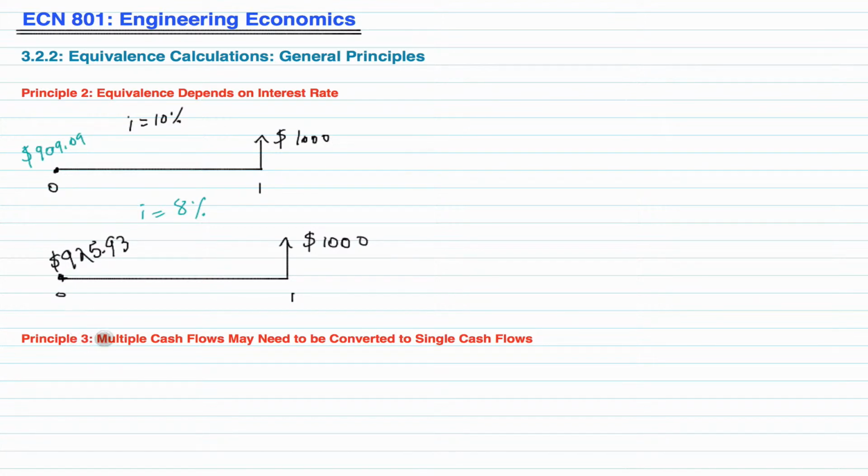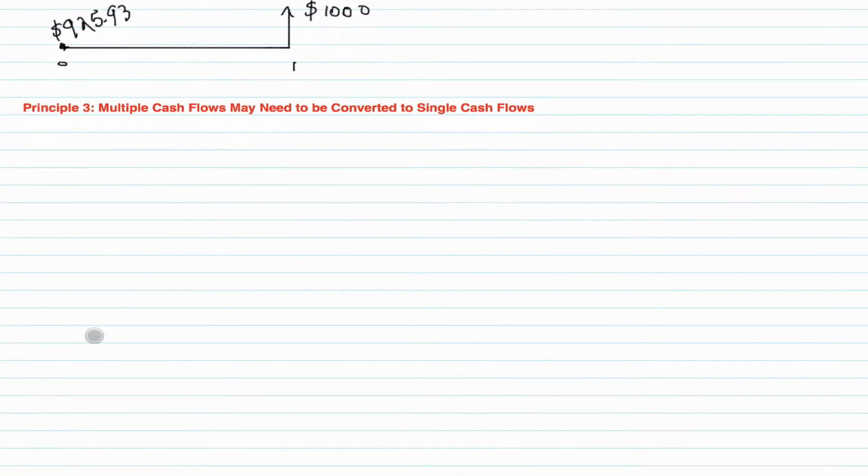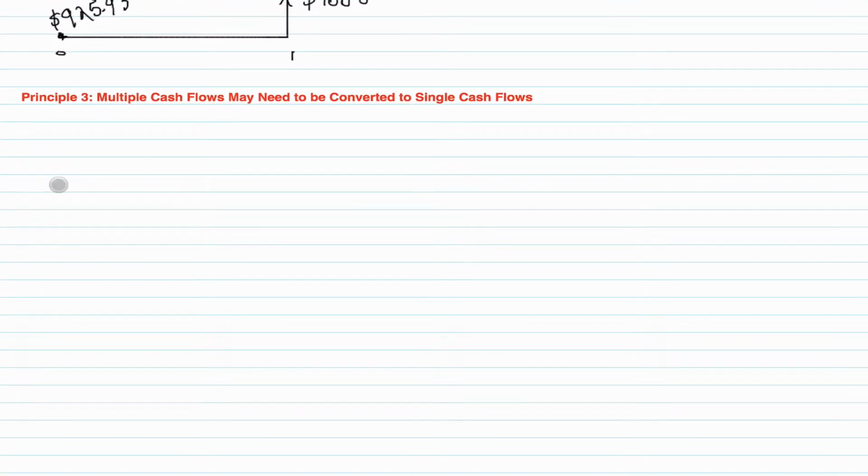The next principle is multiple cash flows may need to be converted to single cash flows. This principle is very important because you want to be able to take a series or a number of cash flows and make them into one. So for example, if you go to the bank, or if you go to buy a car, you have to pay a certain amount back.